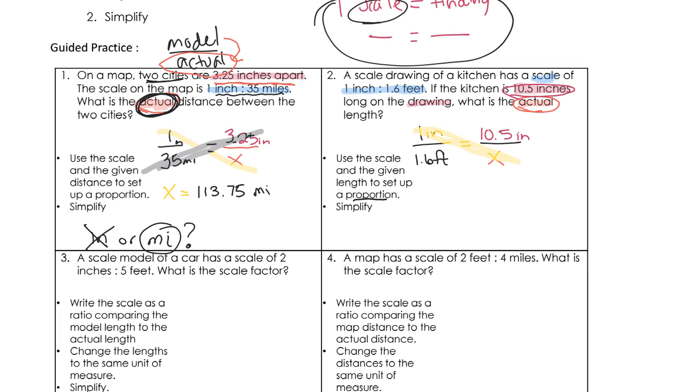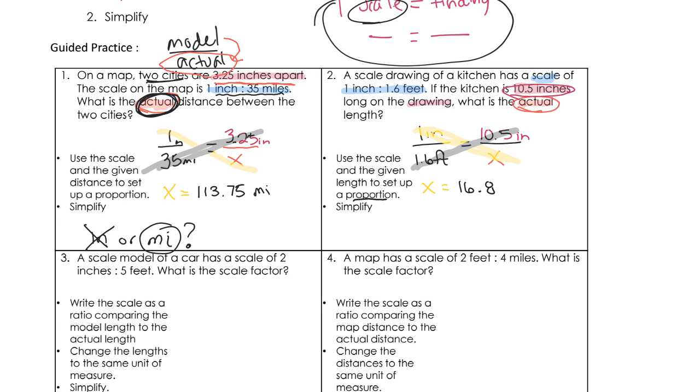1 times x is x. And then do 1.6 times 10.5. You should get 16.8.